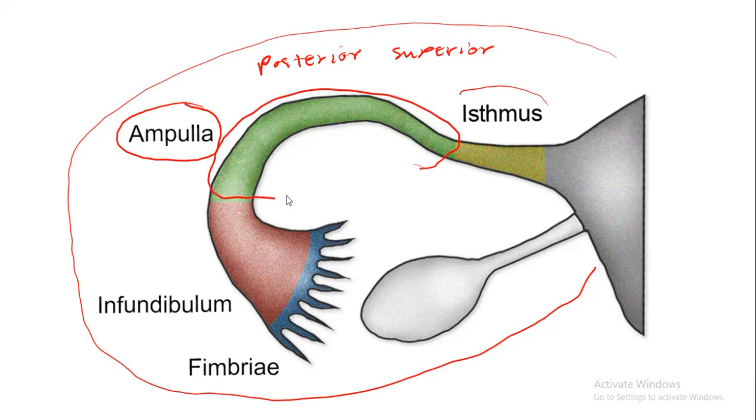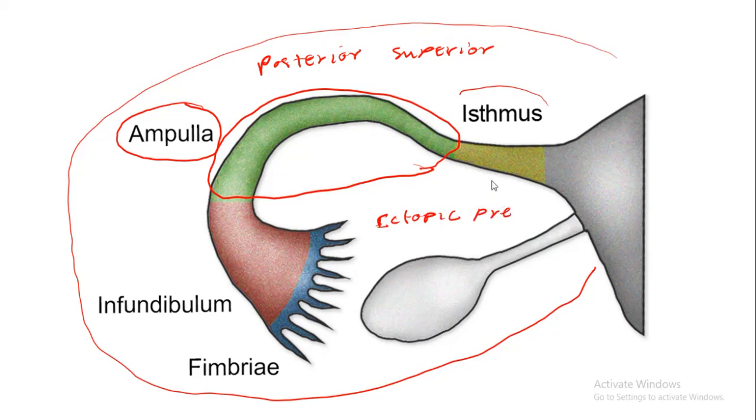ampulla. Sometimes fertilization can take place at a wrong site, and this can cause a complication known as an ectopic pregnancy.